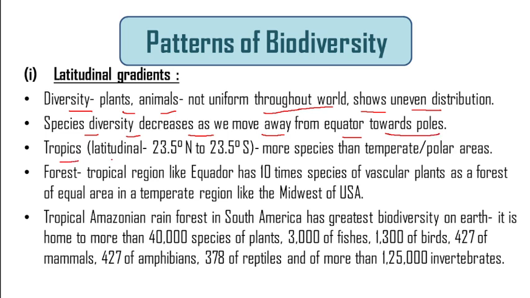The tropics, which cover the latitudinal area 23.5 degrees north to 23.5 degrees south, have more species than temperate or the polar areas.